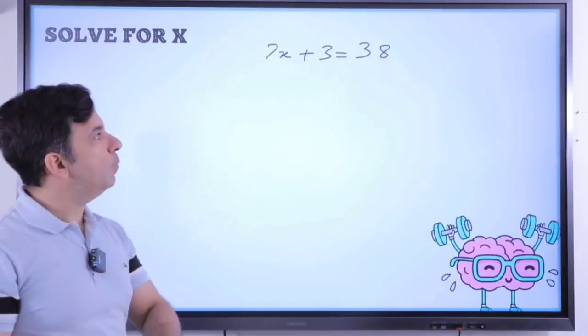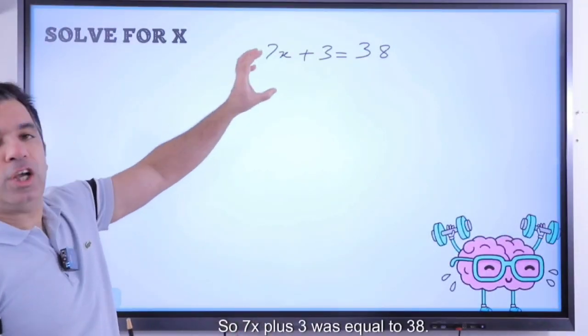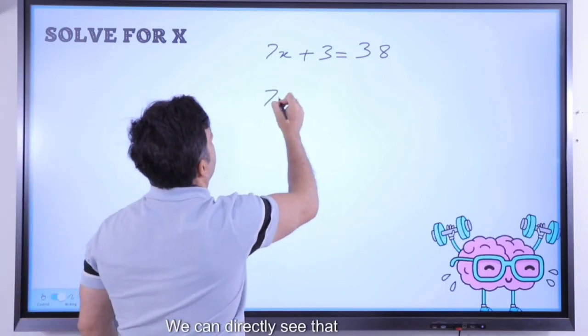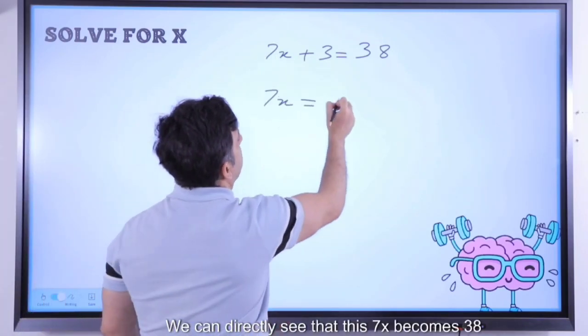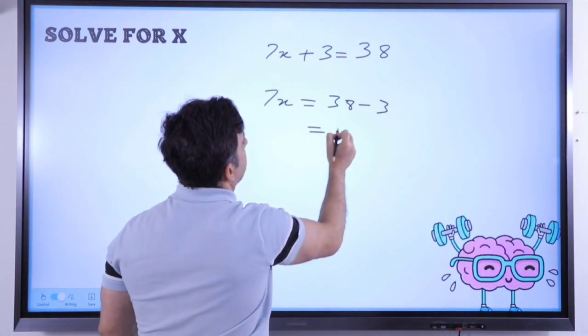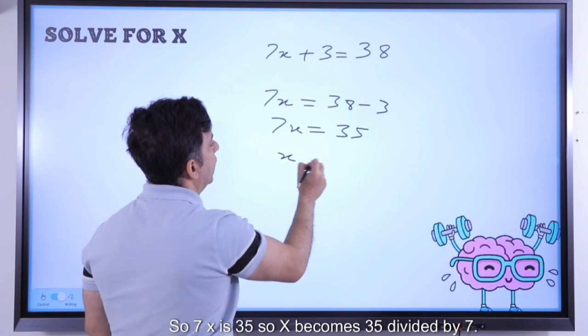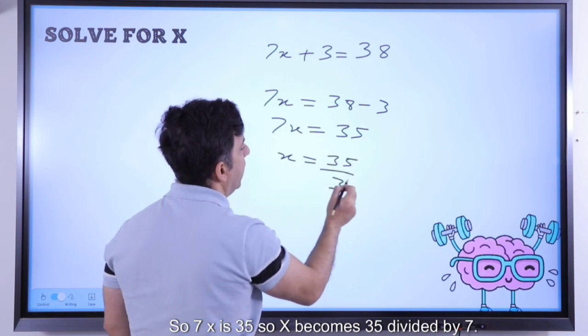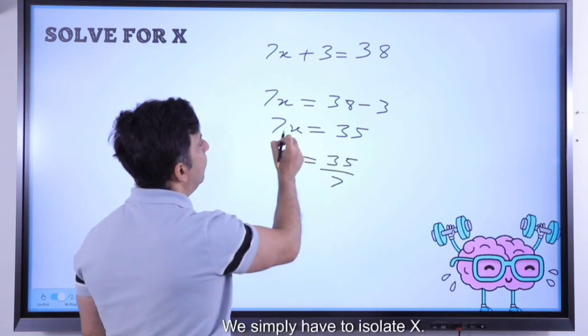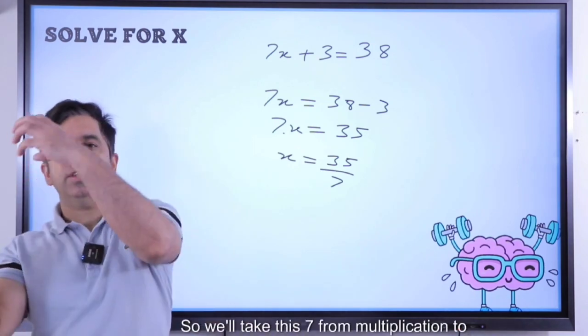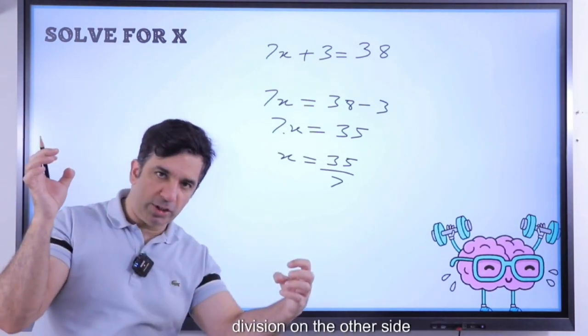Again a straightforward term. So 7x plus 3 was equal to 38. We can directly see that this 7x becomes 38 minus 3, which is 35. So 7x is 35, so x becomes 35 divided by 7. We simply have to isolate x, so we'll take this 7 from multiplication to division on the other side.